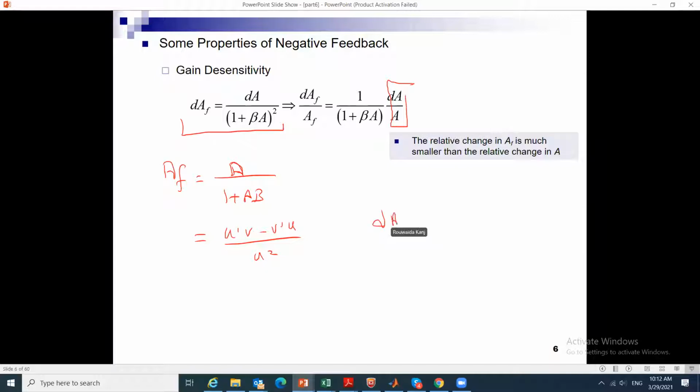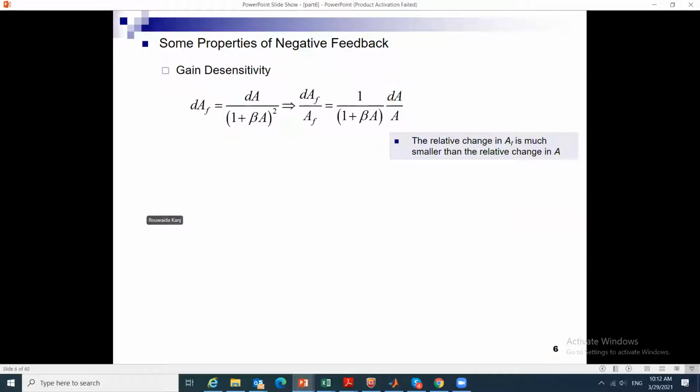And if I have dAF as a function of dA, all I do is divide it by the expression of AF, which is A over 1 plus A beta. And if we do that, we obtain this formula here, that dAF with respect to AF is 1 over 1 plus beta A times dA with respect to A. And even if this was 10%, this is a number that is smaller than 1 and A beta is positive, we may end up with 5% or even less. So that's the benefit. That's why we have it, to control the circuit and stabilize it.